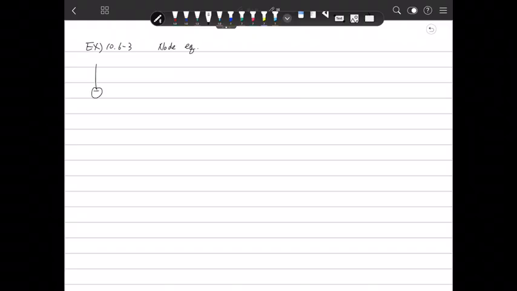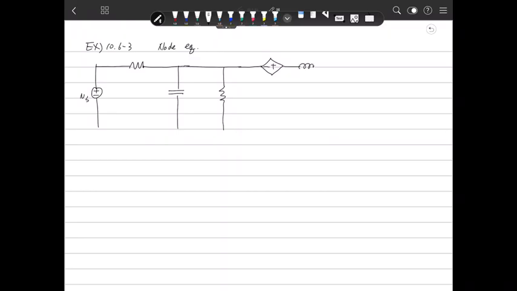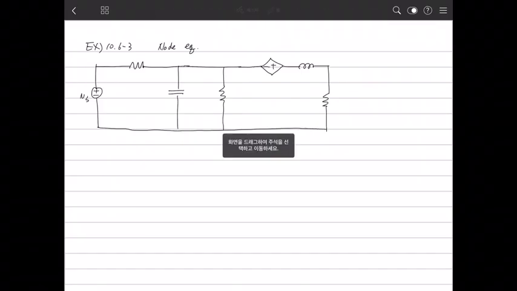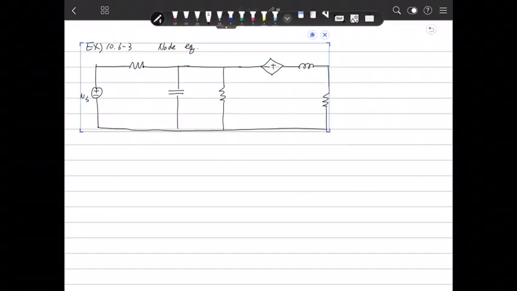The circuit here has a VS, and there is one resistor and a capacitor, and one resistor, one dependent source, one inductor, and a resistor here.